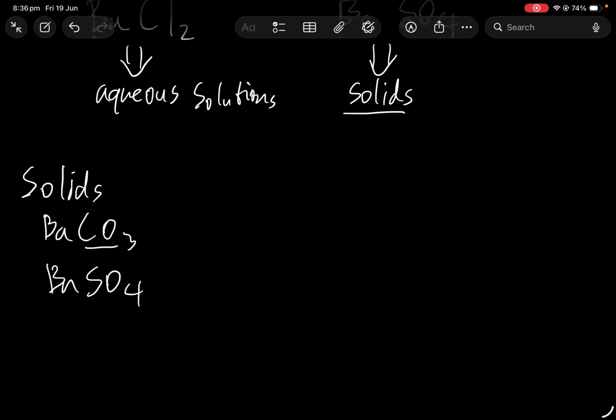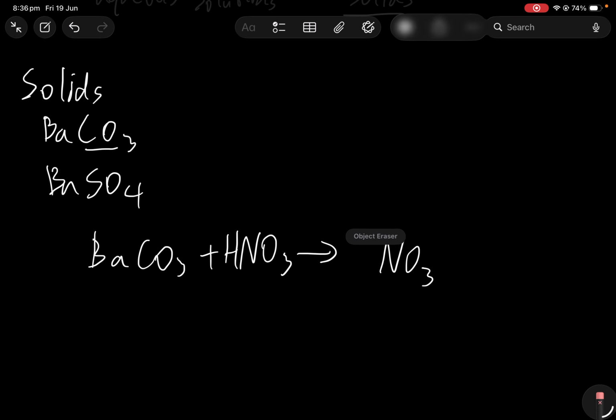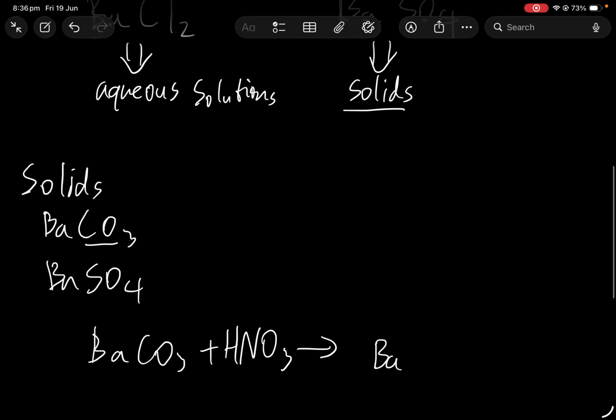Basically the equation will be barium carbonate plus nitric acid becomes barium nitrate.